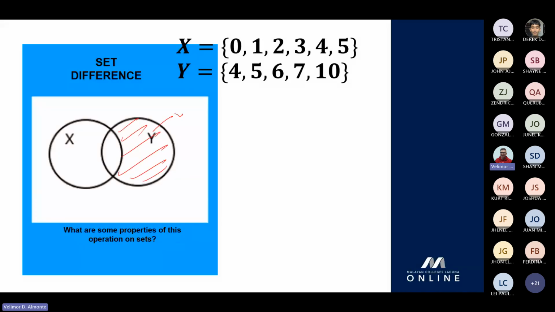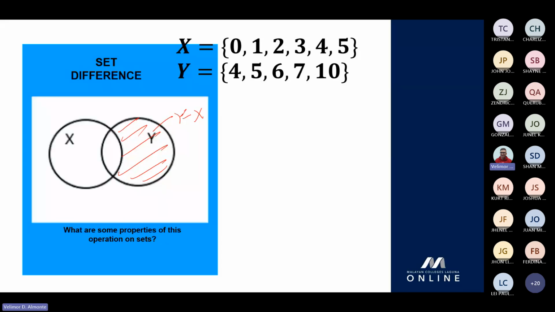That is y minus x in the Venn diagram. So the overlap is the intersection. Shading both, including the overlap, is the union. Shading one side is the set difference: x minus y on the left, y minus x on the right.